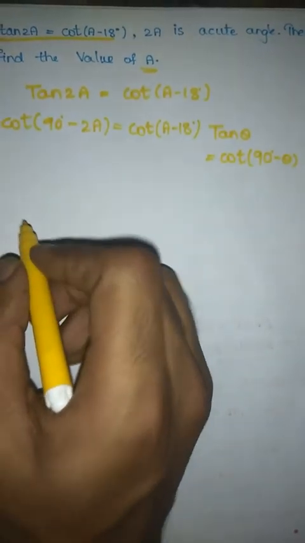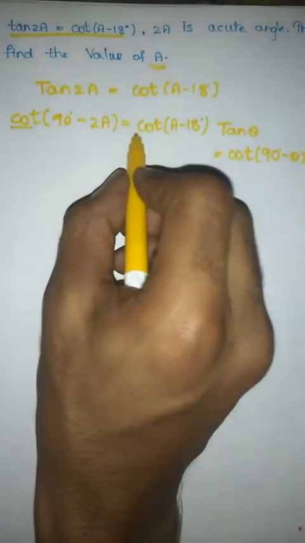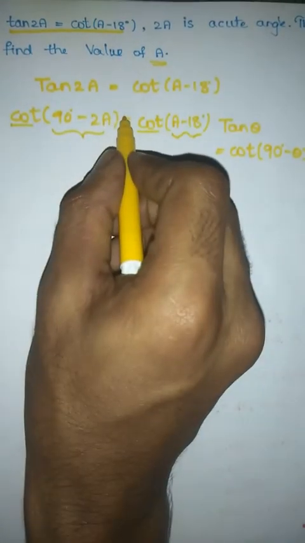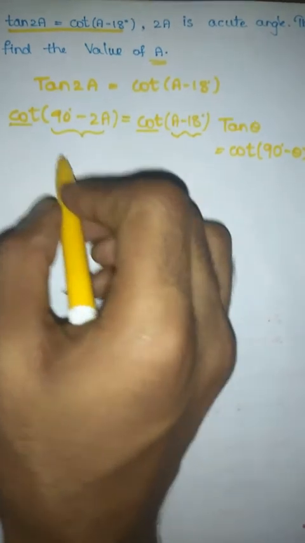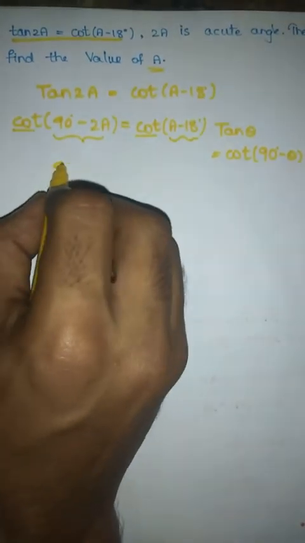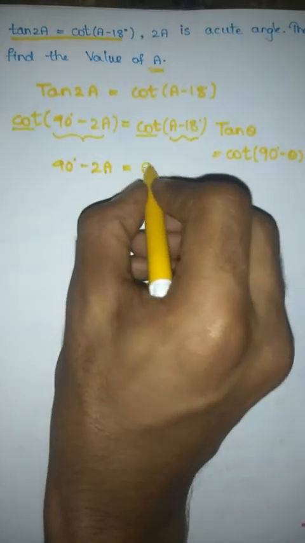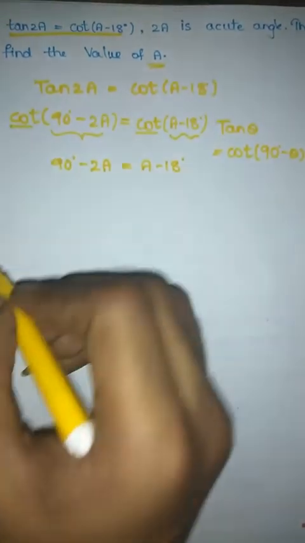Because we have cot and cot here, and there is an equal to sign, the angles inside must be equal. That means 90 minus 2a must be equal to a minus 18 degrees.